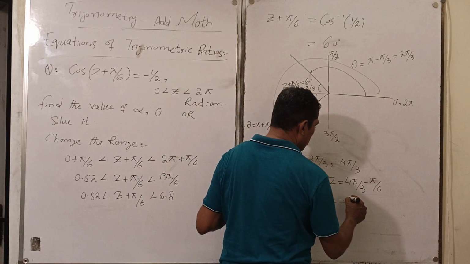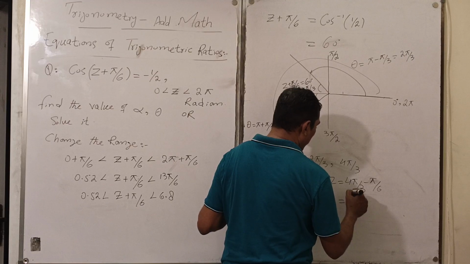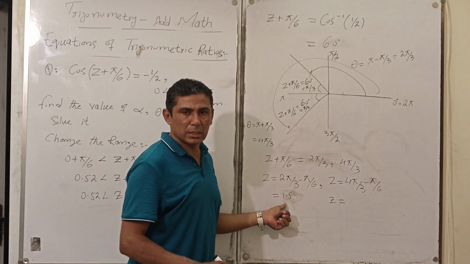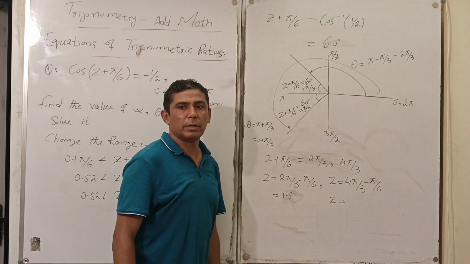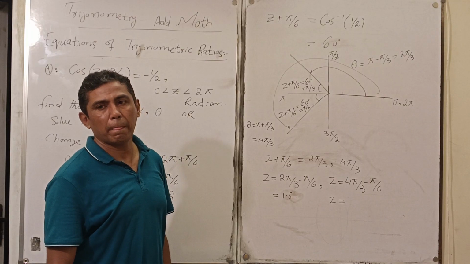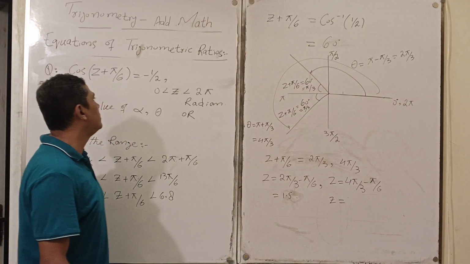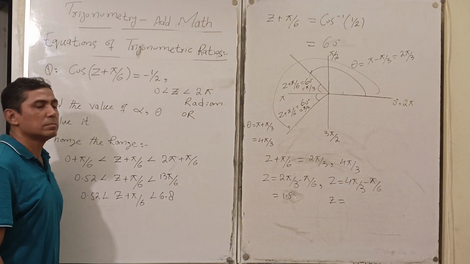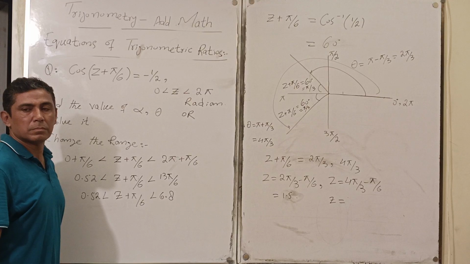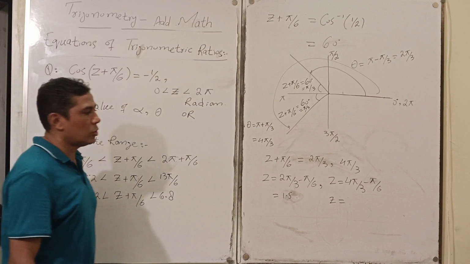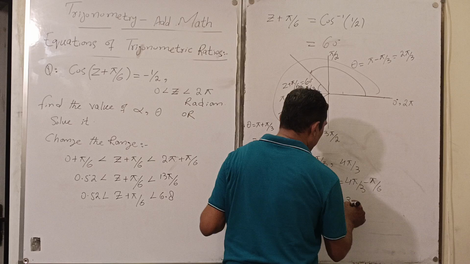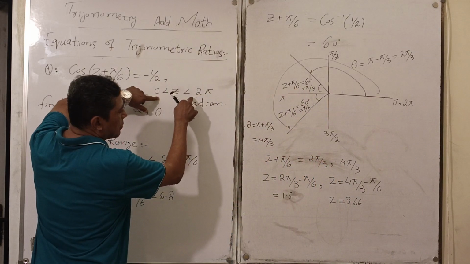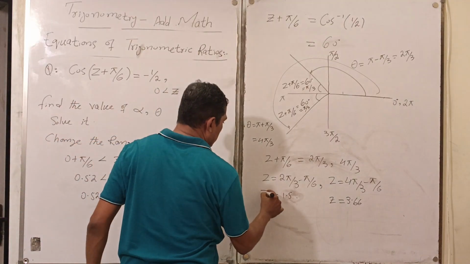So the final answer is 1.5, finally in decimal. What about in the decimal, radian form? 3.66. Clear? So this value lies between these. It is your answer.